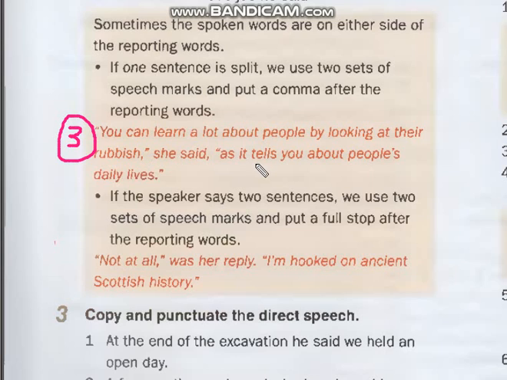And the second sentence, I add at the end of it a full stop at the end of the second sentence. Okay, again, if we have 2 sentences, I can add one before the reporting word and the second after the reporting word. The first one I add at the end of it a comma, and at the end of the second sentence a full stop. Okay, this is the third idea.